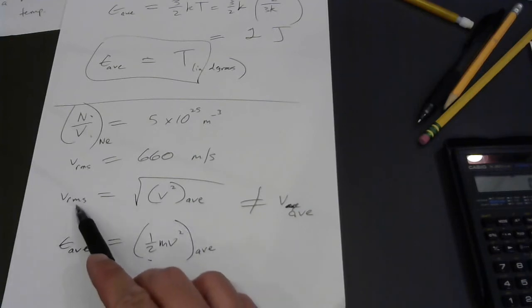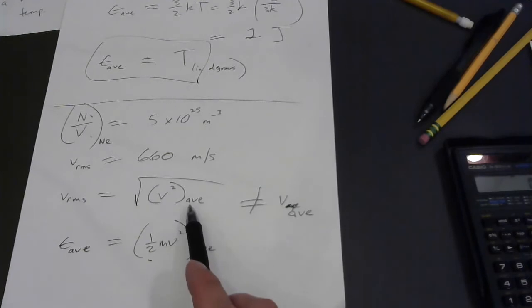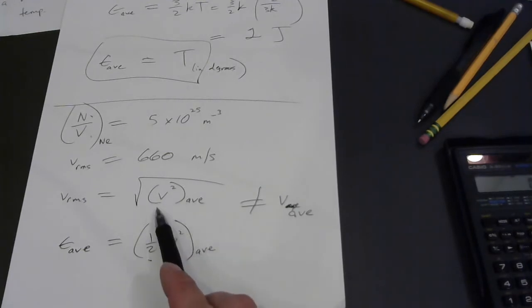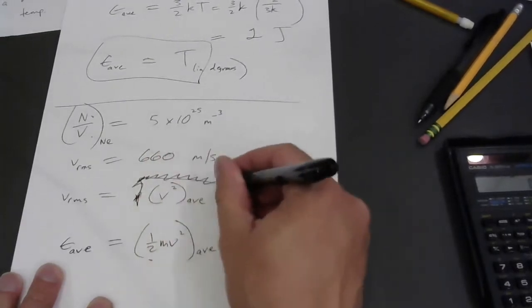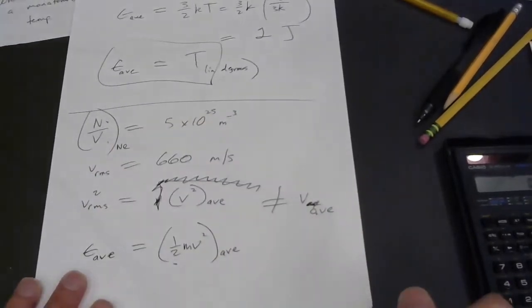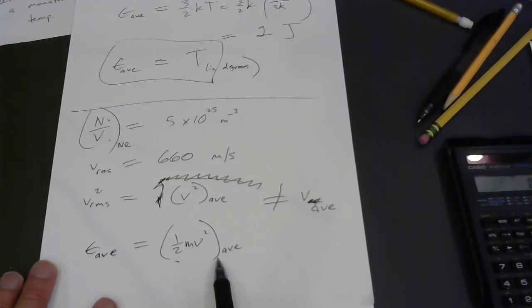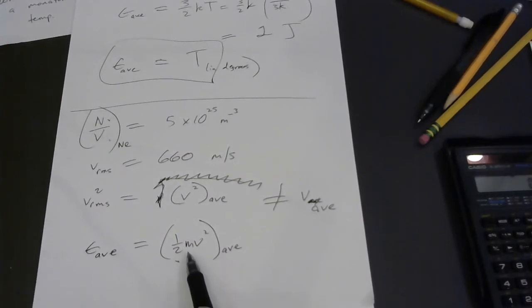Look right here. VRMS is the square root of the average value of the square of the speed. So if I want to get rid of the square root sign, I'd have to square VRMS. Now, when you average a quantity like this, since every atom of neon has the same mass, you can pull the constants out before you do the averaging.